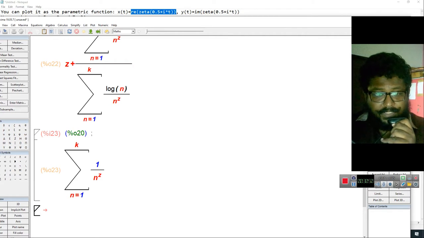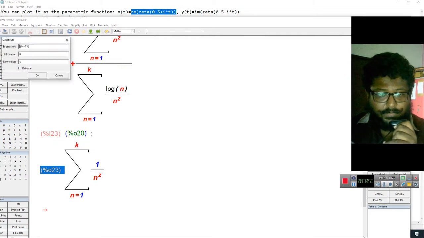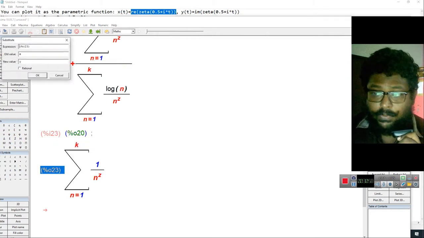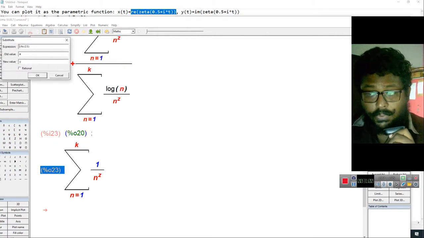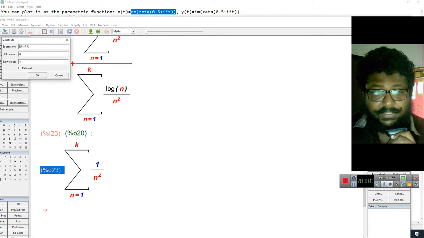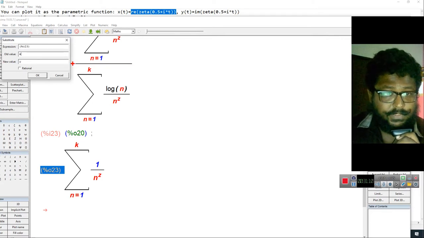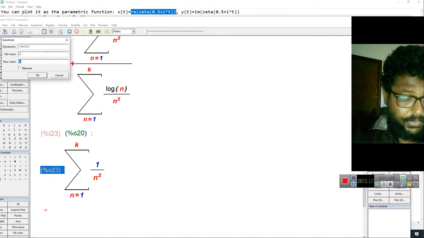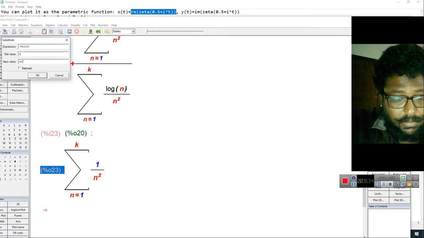Now for z, no need to differentiate and get into the Newton-Raphson method. You can also use Jacobian methods of solving these equations in a 3D manner of Newton-Raphson method to find the zeros of a 2D function or 3D function. So now what we are going to do is, for z, I'm just going to do x plus %i.